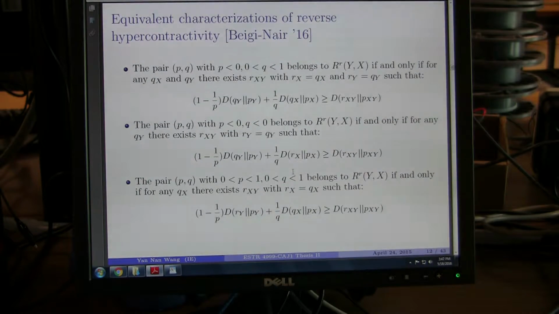It was discovered by Salman Beigi and my supervisor in 2016. The result divides the PQ plane into 3 cases and gives different representations for the reverse hypercontractive region. 3 of them are expressed in divergence inequalities.